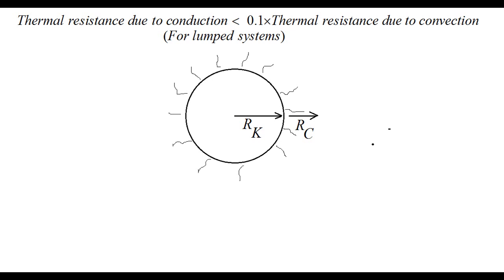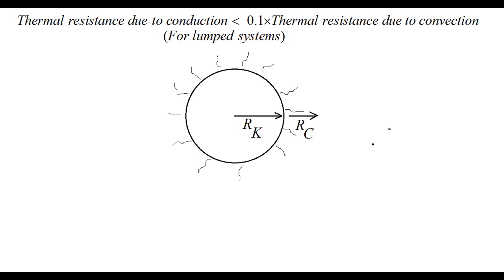And in case it is sufficiently less, that is 10 times less than the convective resistance, then definitely the heat communication from center to periphery will be fast as compared to the heat communication from the periphery to the surrounding. So in such a case the rate of change of temperature with respect to time of the entire system will be the same everywhere, and the system can be considered fairly well as a lumped system.